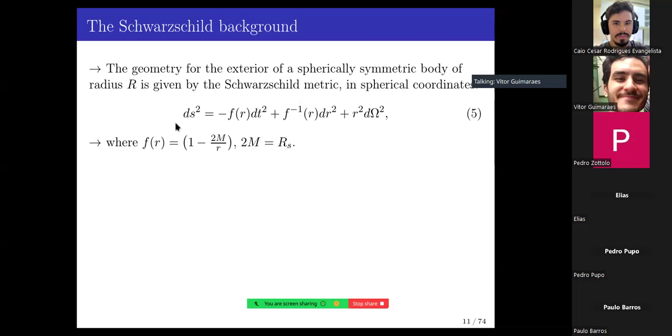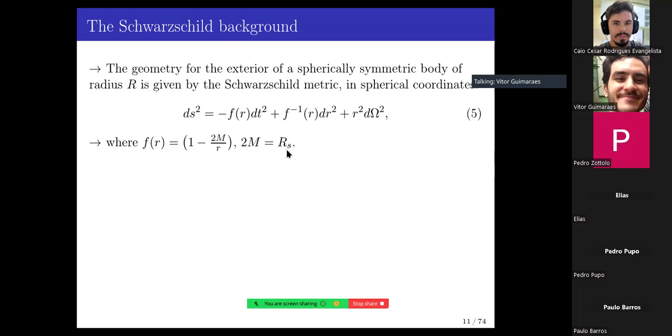You may wonder, this is a geometry on the outside of a spherically symmetric object, but how do I know if it's a star or a planet or a black hole? Well, the analysis, very roughly speaking, involves the relation between the radius of the object and the Schwarzschild radius.